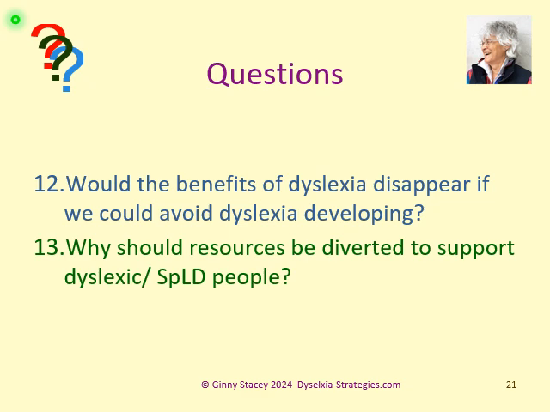They are all grouped together because the symptoms and the problems are very similar, and the ways in which one supports people with the different SpLDs are very similar. Most of the questions arise in the context of dyslexia, but the answers spread out over all the different specific learning difficulties.